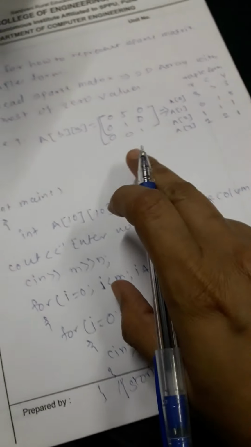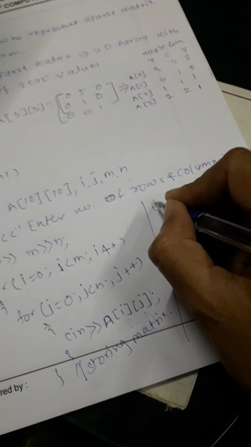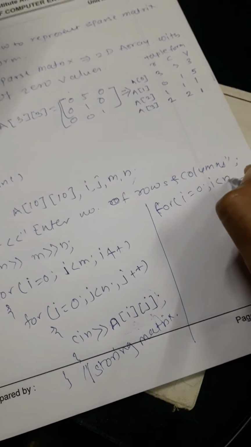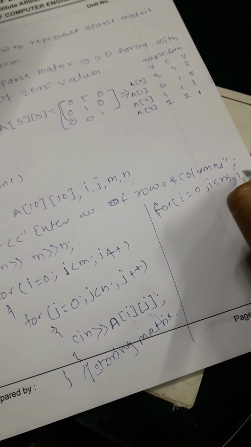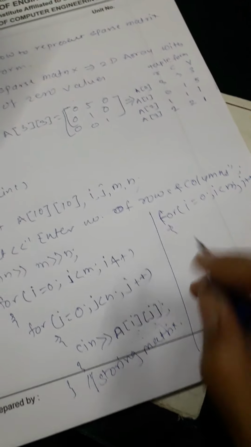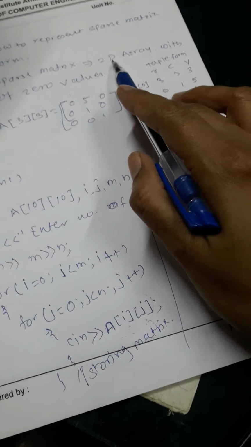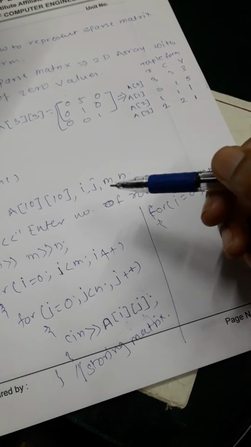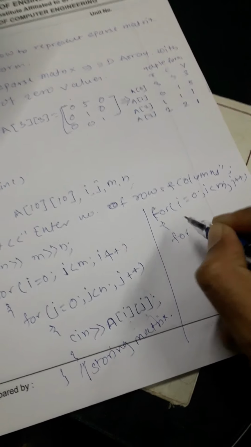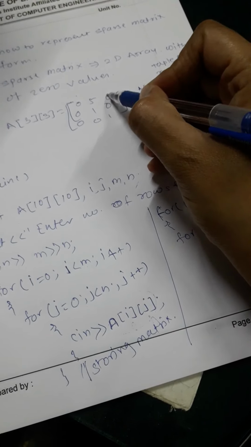Now display this matrix. To display this matrix, again we need a for loop, i equal to 0, i less than m, and i plus plus. Even if it is a two-dimensional array, the elements get inserted and displayed sequentially. Sequentially means it will read this element, then this element, then this element.